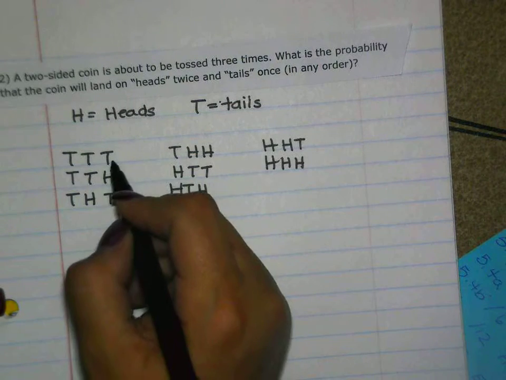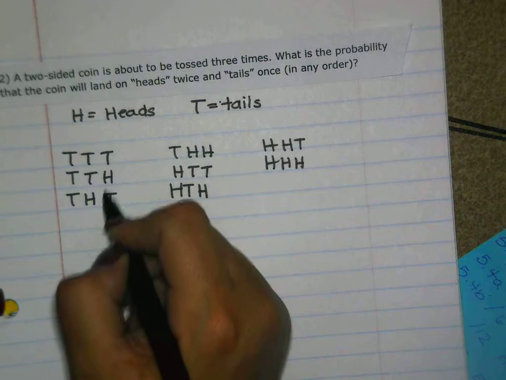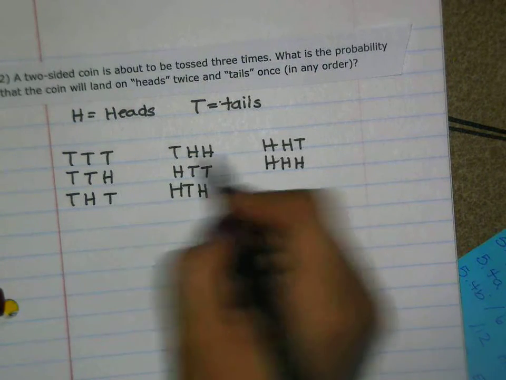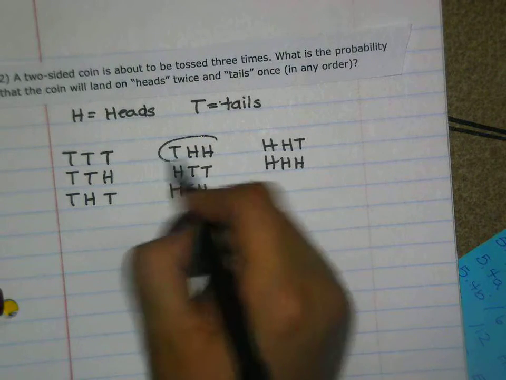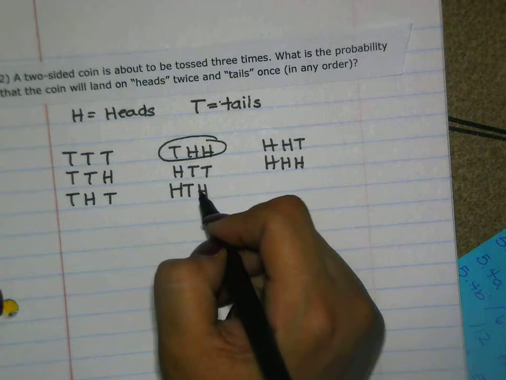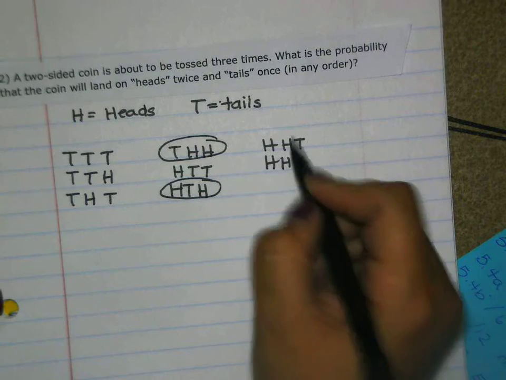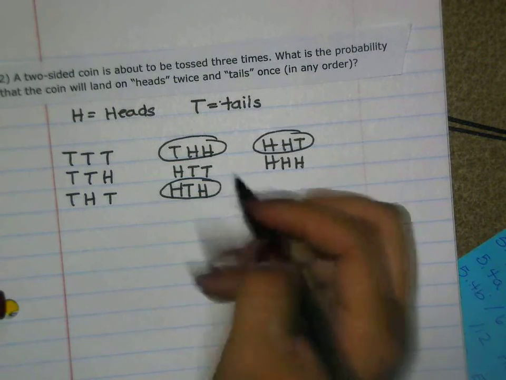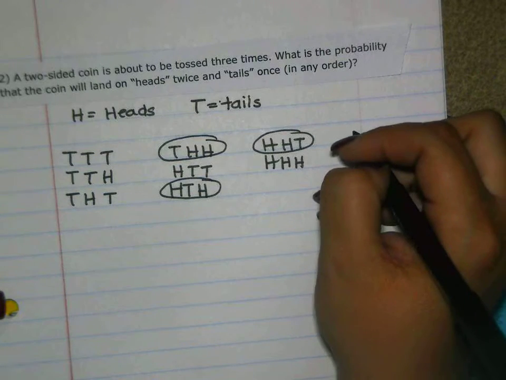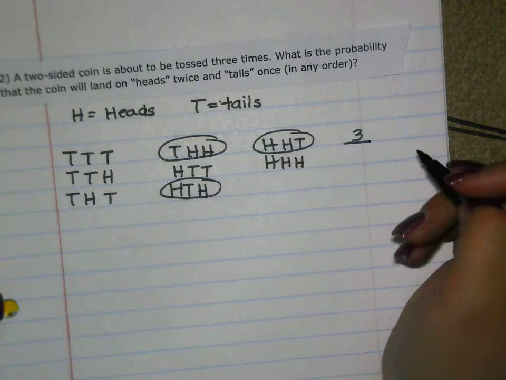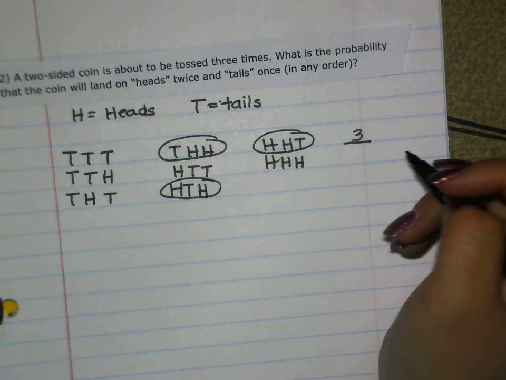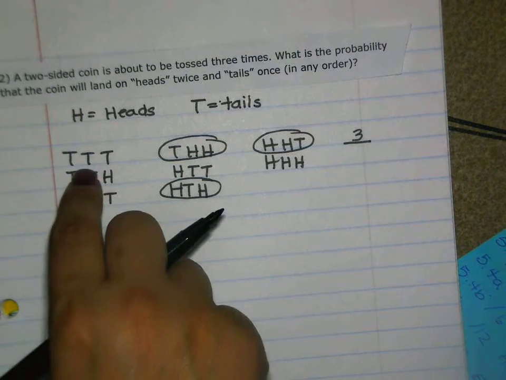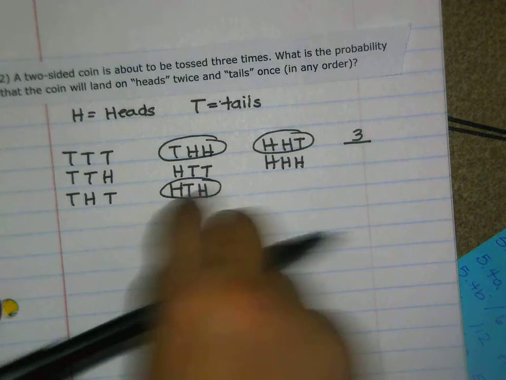Now we want the ones where it lands on heads twice and tails once. So out of those possible, there's 3 of them. And out of those 3, there are 8 total different ways.